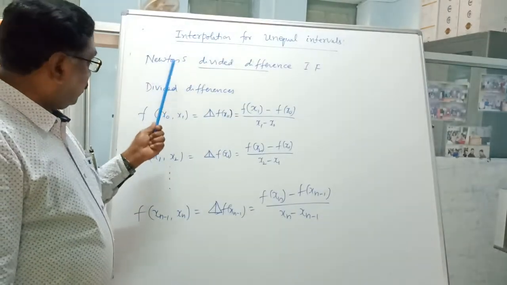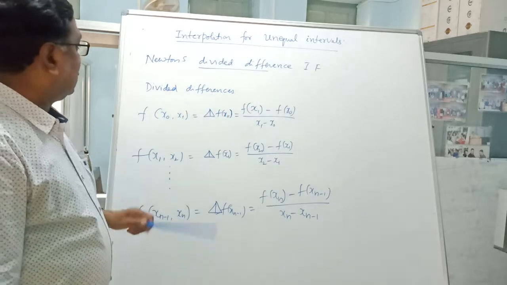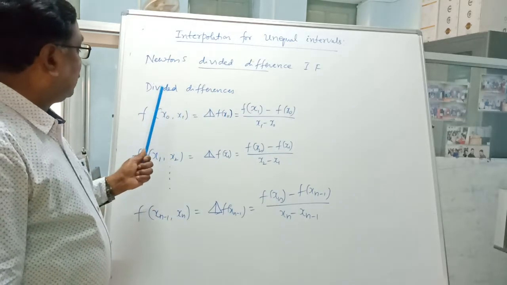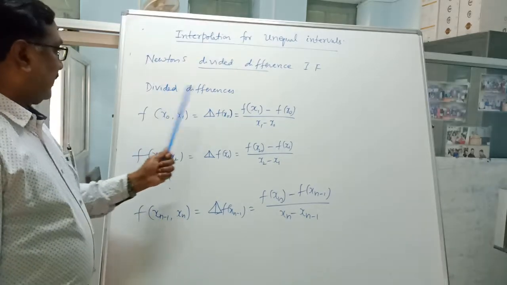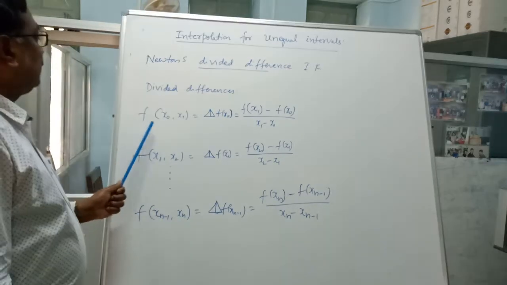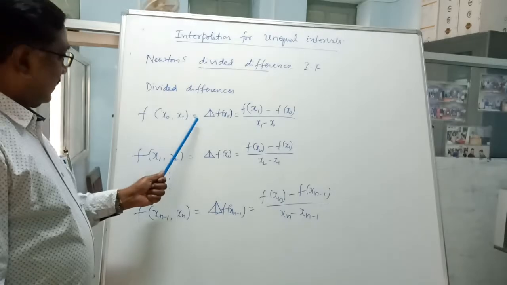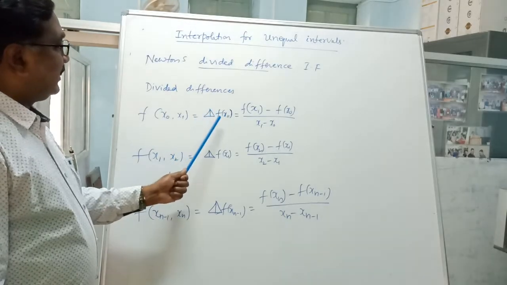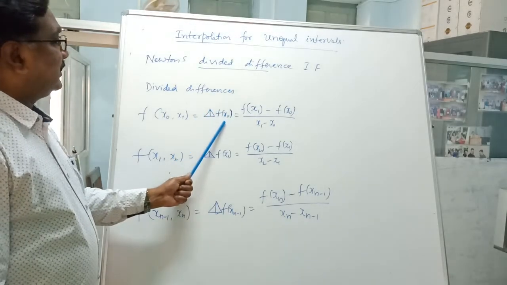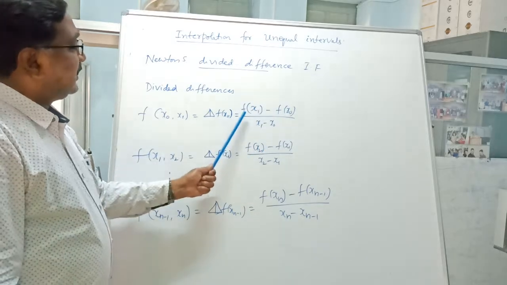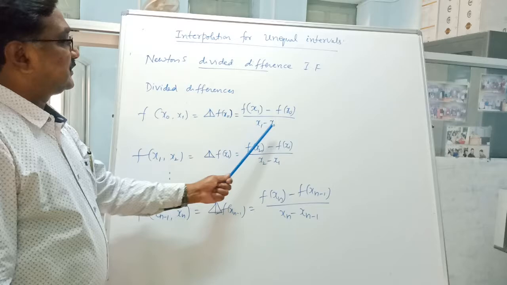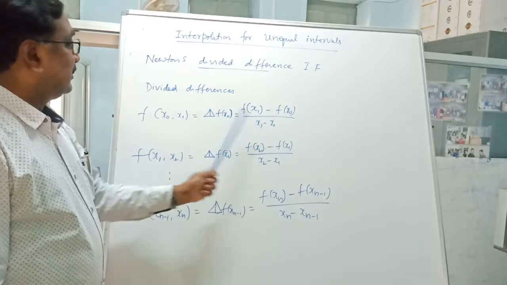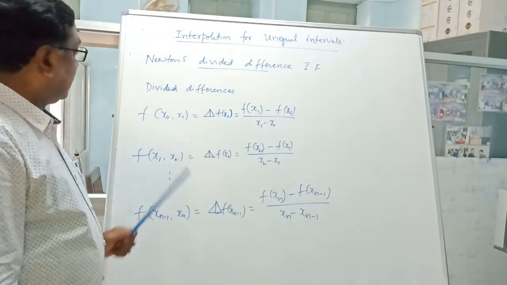To make use of this formula, first we have to see the definition of divided differences. How do we define divided differences? See, f of x naught, x1, the notation is delta f of x naught. The definition is f of x1 minus f of x naught divided by x1 minus x naught. This is the definition of the first divided difference.